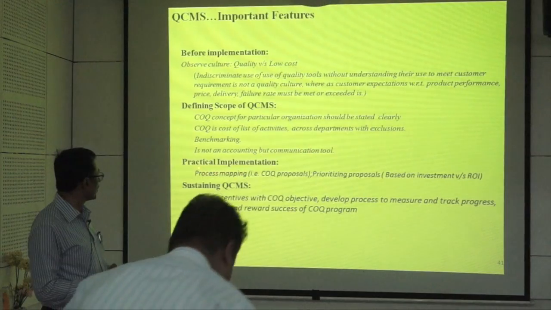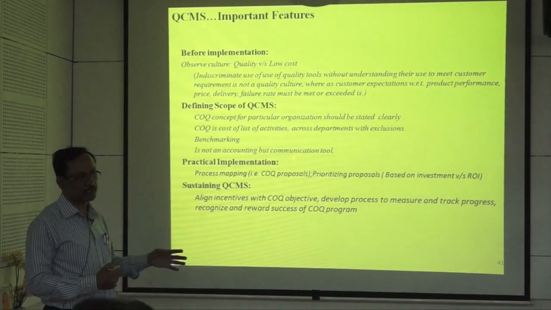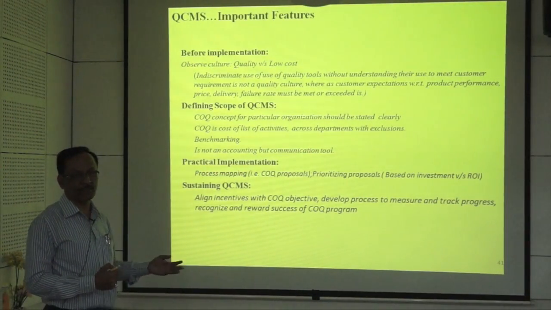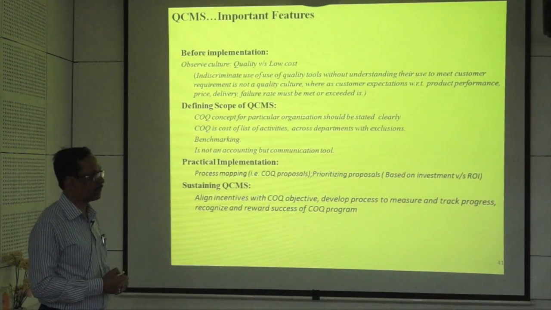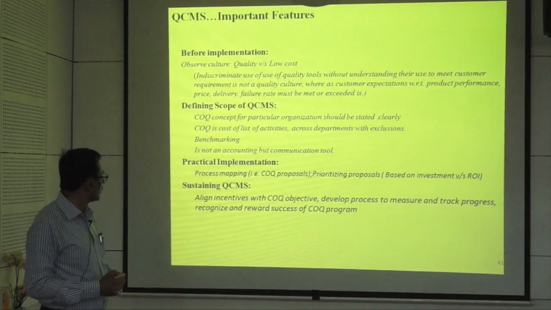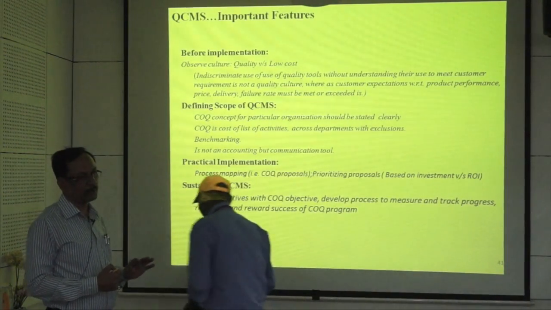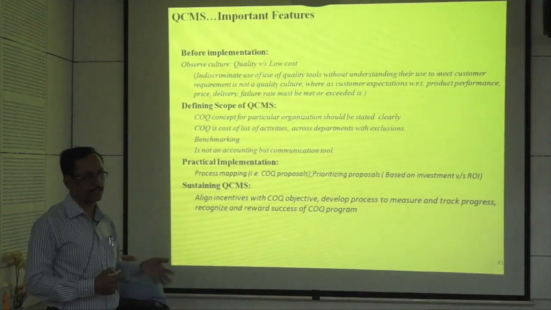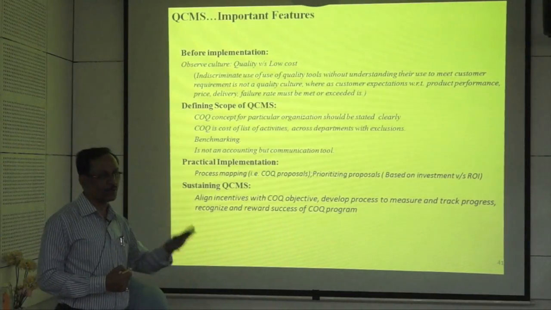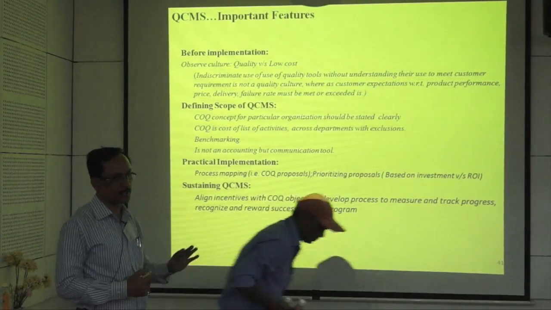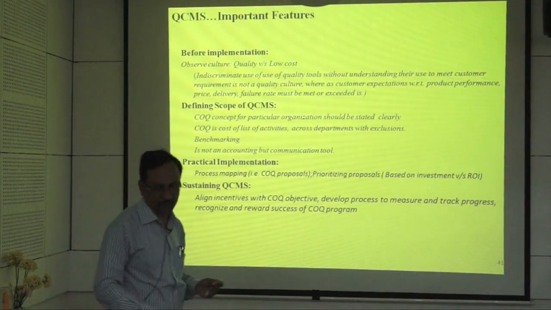Then, for practical implementation, we have to map the process and identify the cost of quality elements. Then prioritizing the proposals. And the most important thing is sustaining the system I am doing. It should work and sustain, and should not stop once the study is over. That was one of the important things.